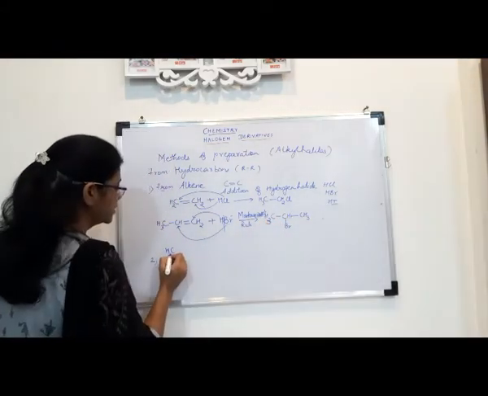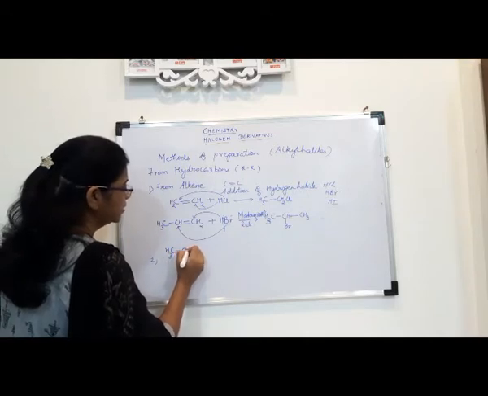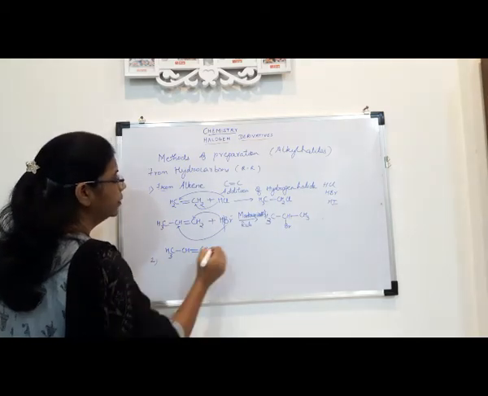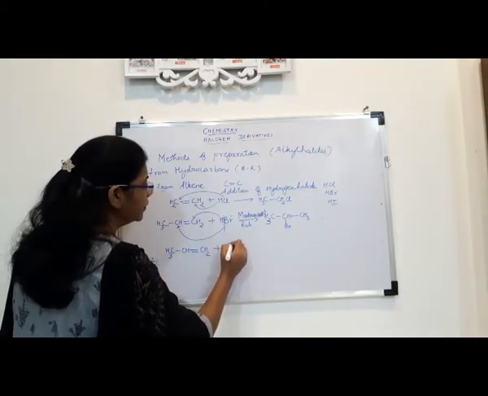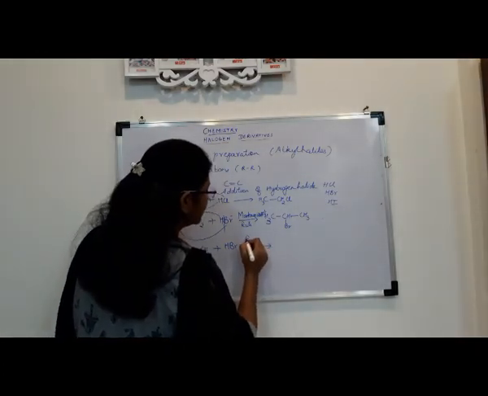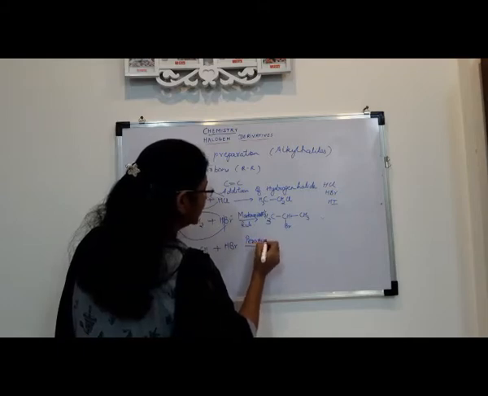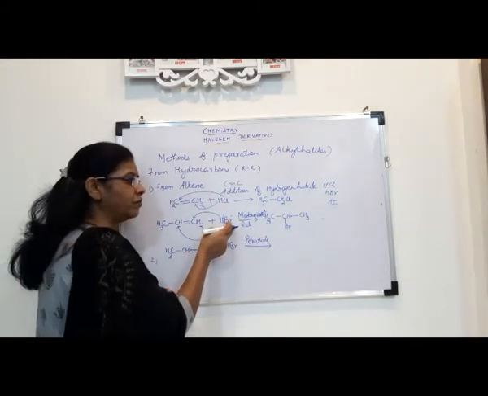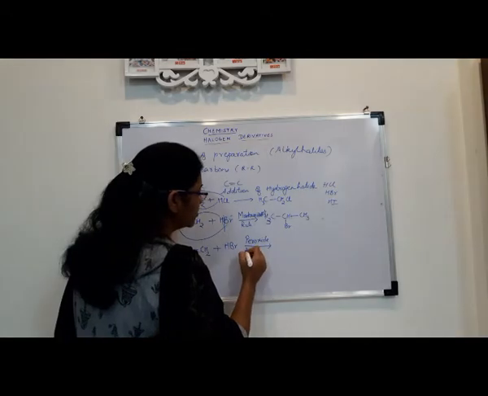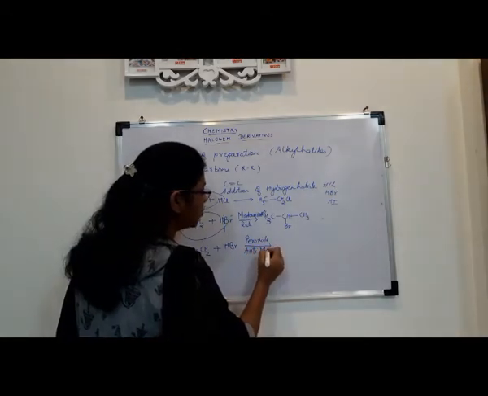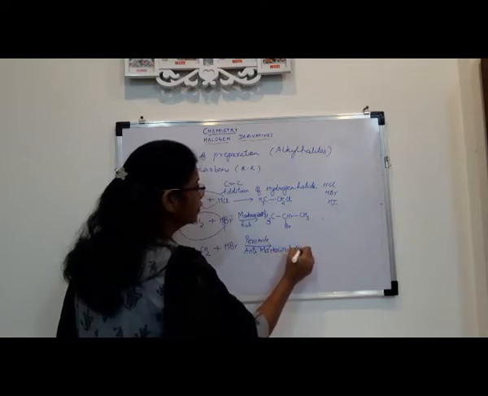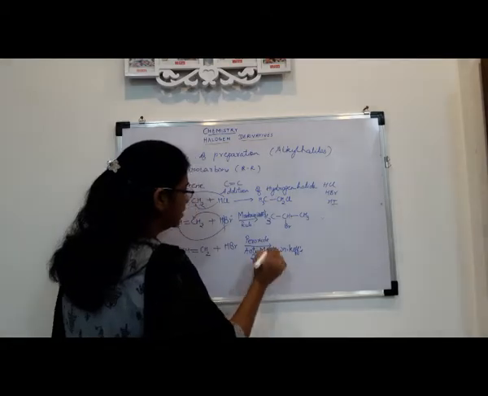Okay. Now CH3CH double bond CH2 plus HBr. But if this addition is carried out in presence of a peroxide, exactly opposite to that of Markovnikov's rule, the addition takes place, and therefore it is also called anti-Markovnikov's rule. Correct? And then what will you get?